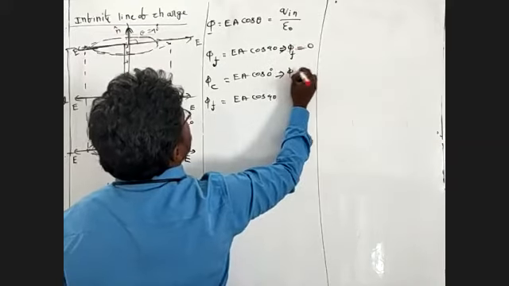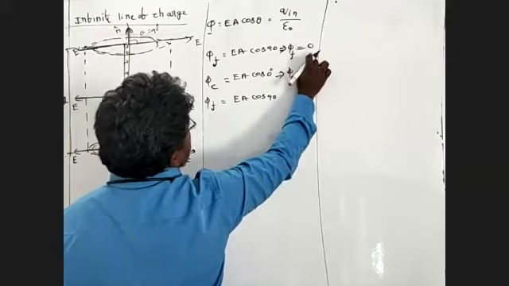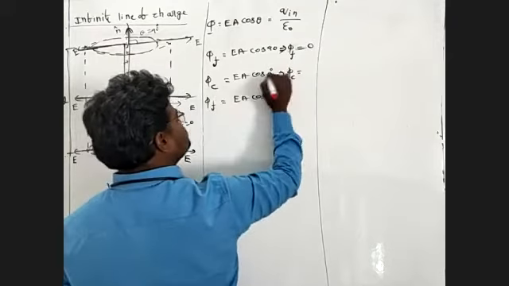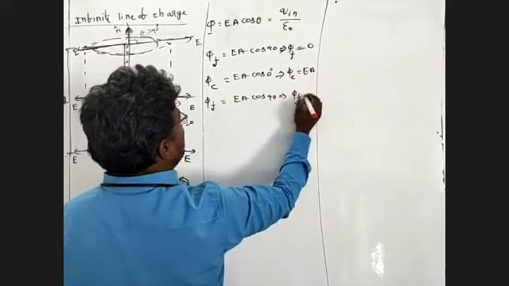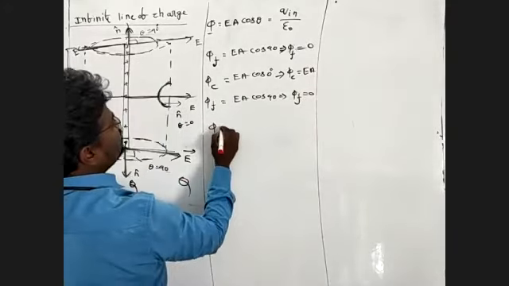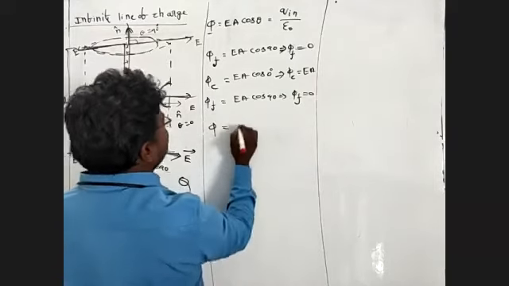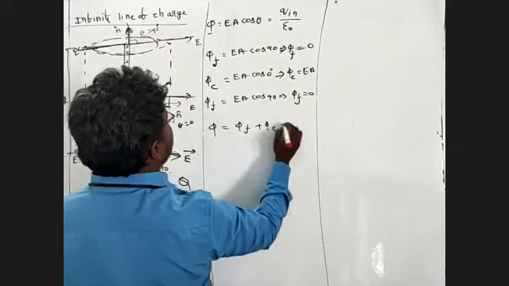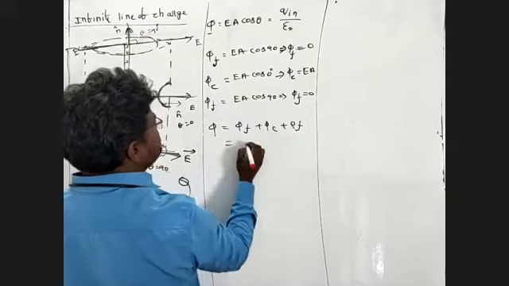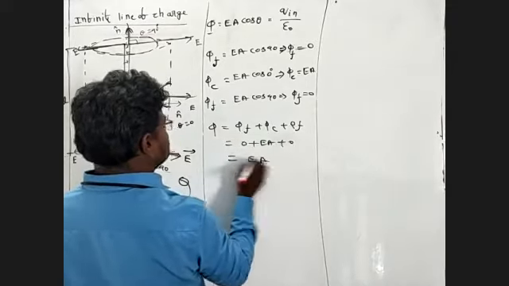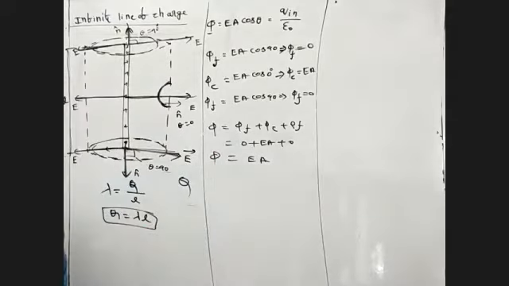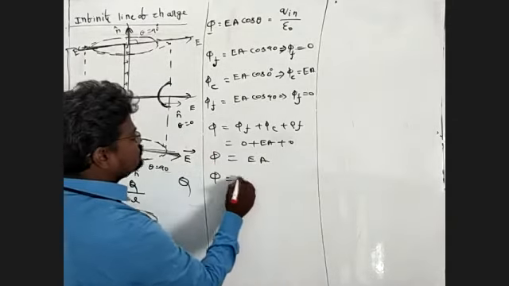The flux through each flat surface is 0. The curved surface flux is EA. The total flux is the sum: 0 plus EA plus 0, which is EA. So the flux is equal to EA.